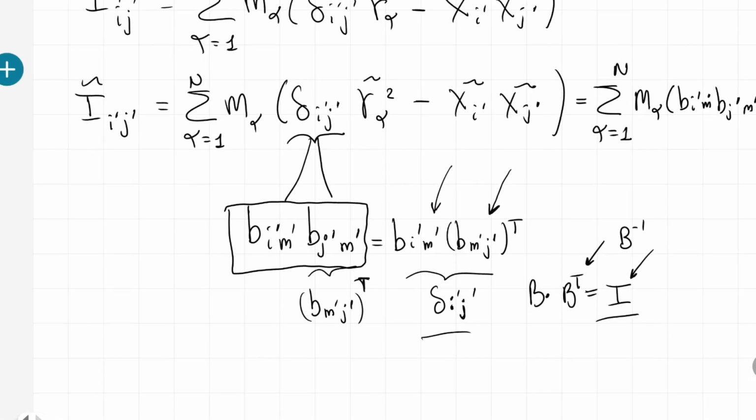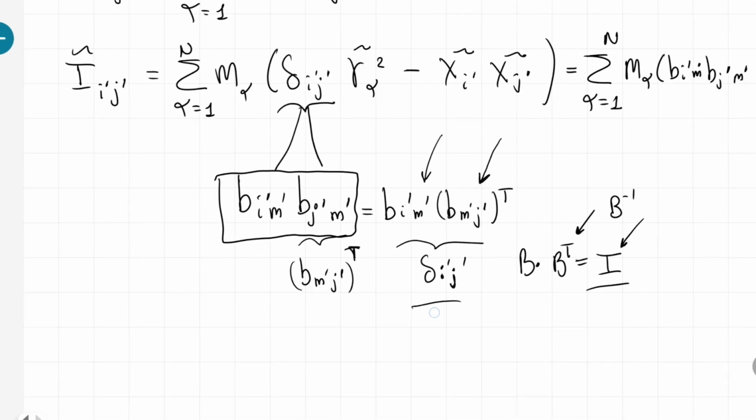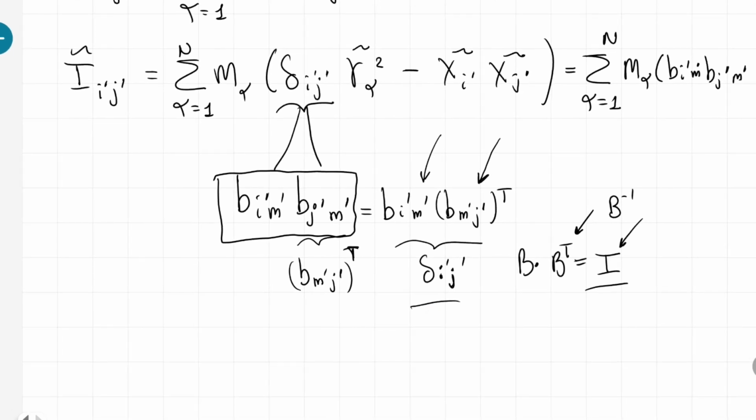But looking at the magnitude of the vector r, it is invariant on a change of basis. Remember, r alpha tilde squared is equal to r alpha squared. This magnitude is not going to change, it's going to be invariant.